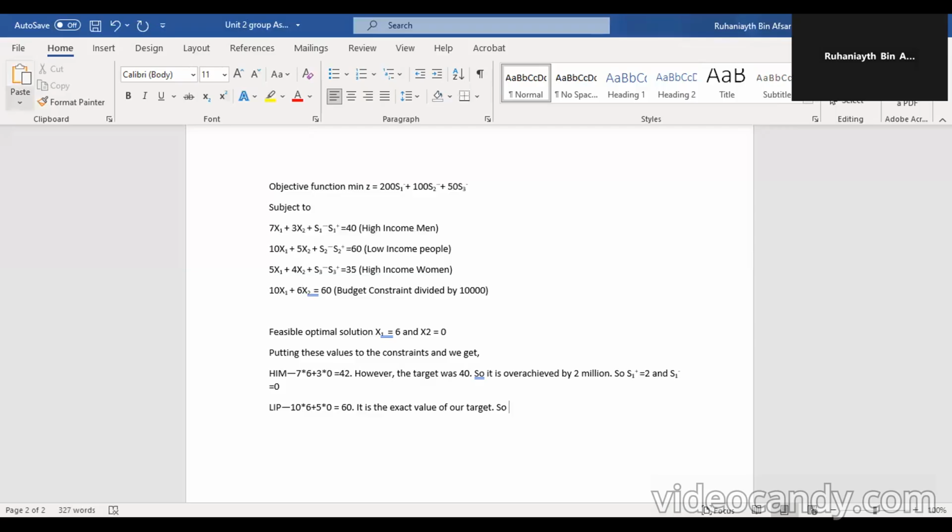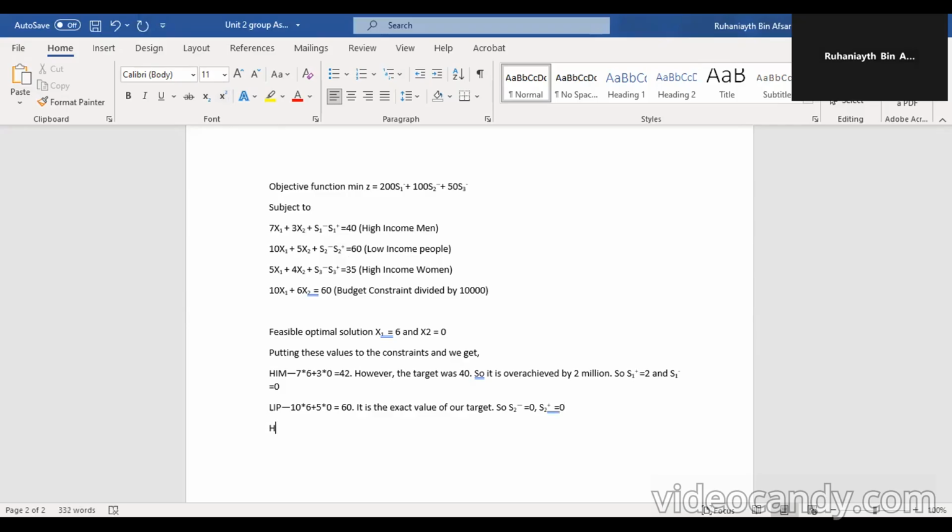So s2 negative is 0 and s2 positive is 0.